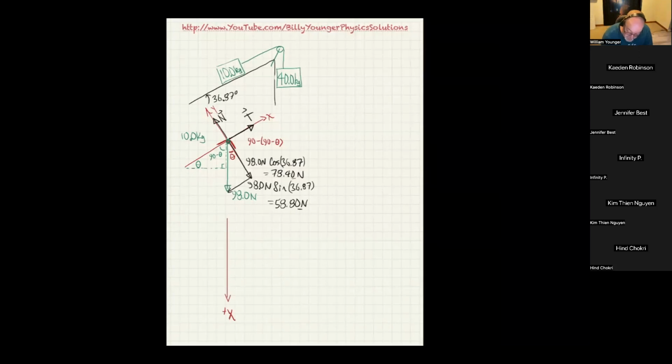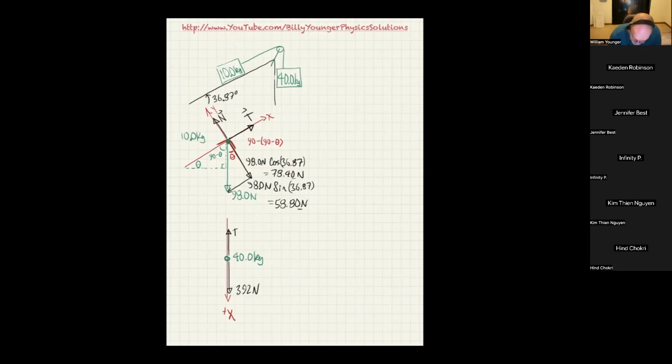In this case, the mass is 40.0 kilograms, and that's going to give me a force of 392 newtons here. And of course, there's also going to be a tension slowing it down, and that's T there.